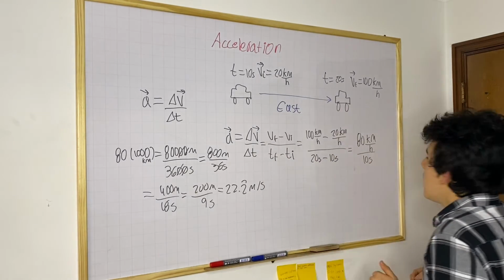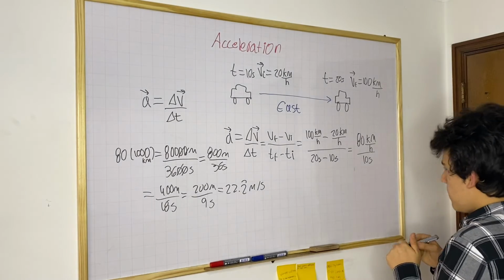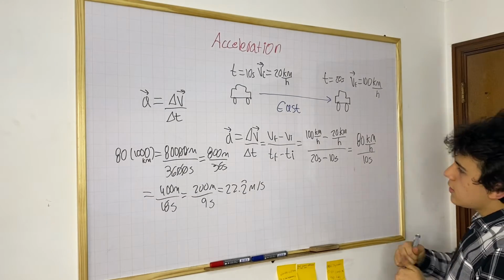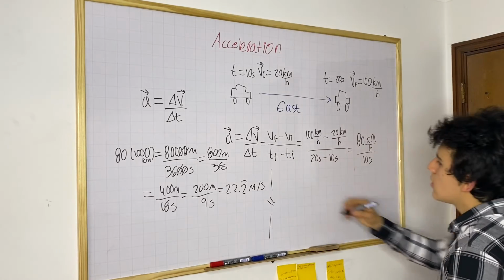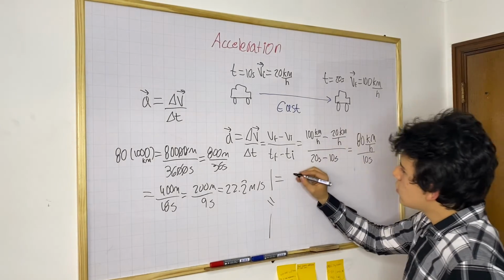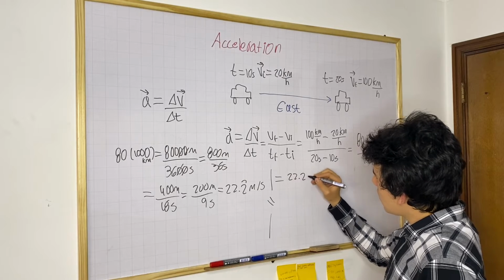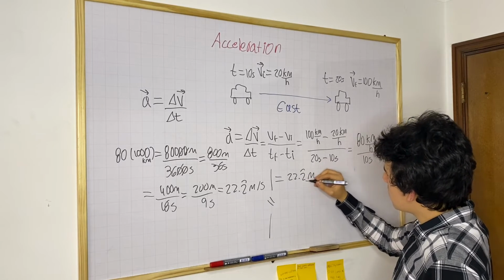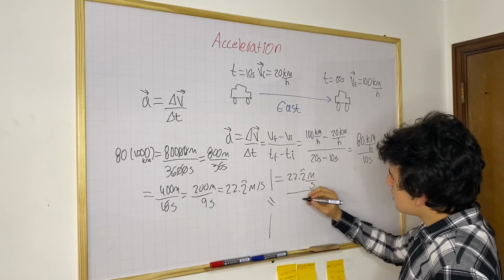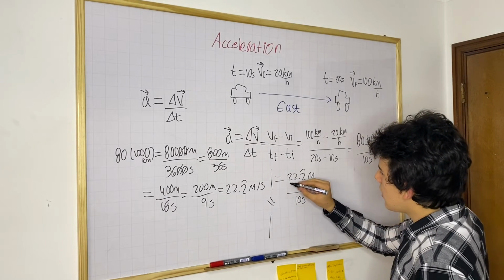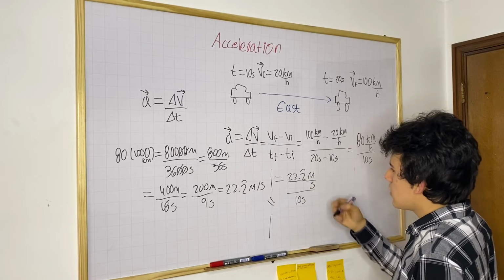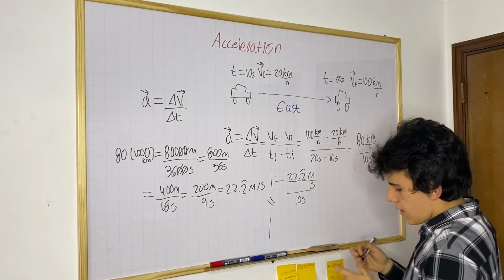Cool. Now we're gonna use this number in here. So this would be equal to 22.2 periodic meters per second divided by 10 seconds. And now once again, you could bring this fraction all the way to cover that one.